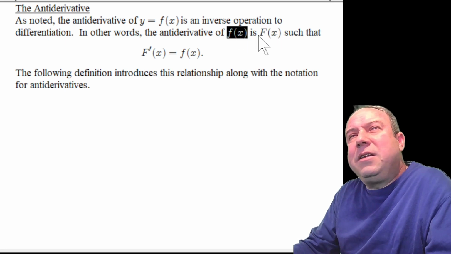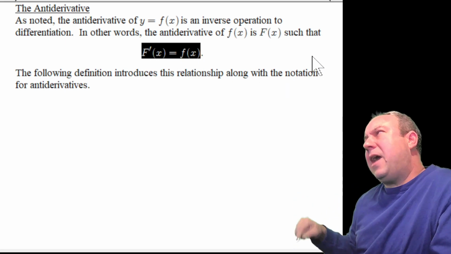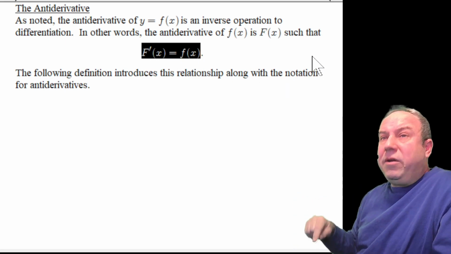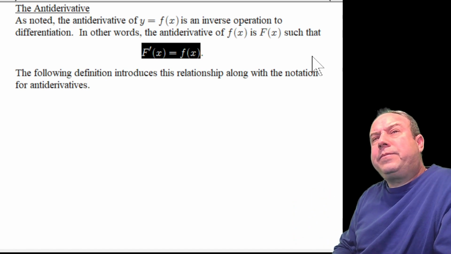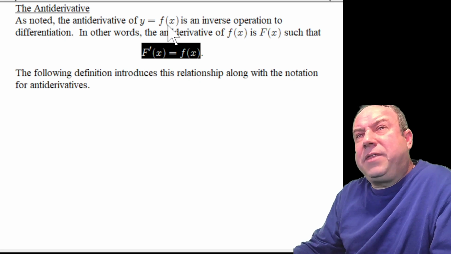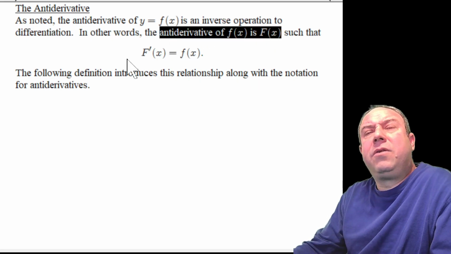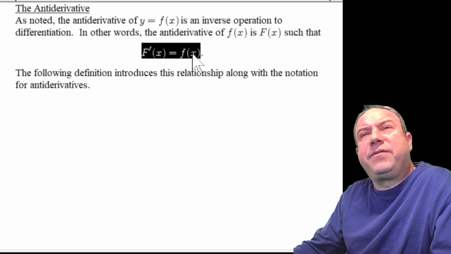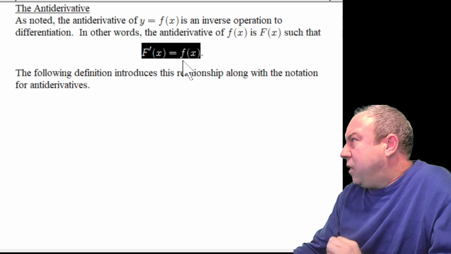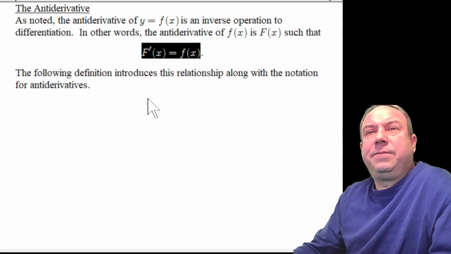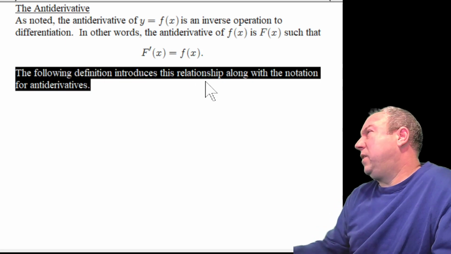And how they relate in terms of behavior is that cap F's first derivative is equal to little f of x. When we think about the antiderivative of little f being cap F, what's true is cap F's first derivative is equal to the function we know as little f of x. And we see that develop in the following definition here.